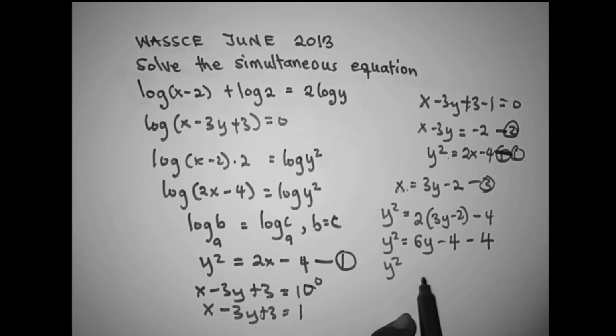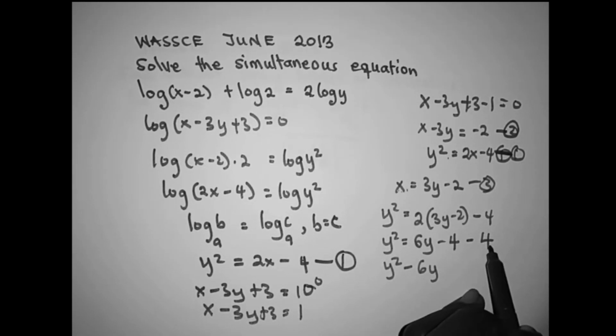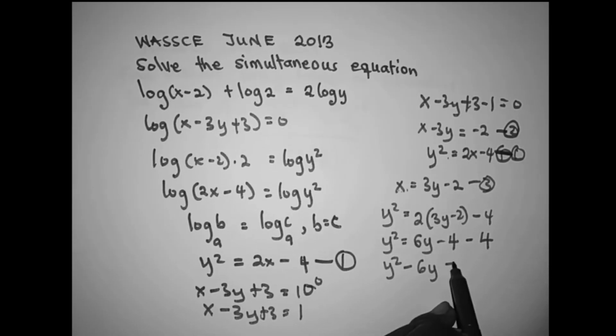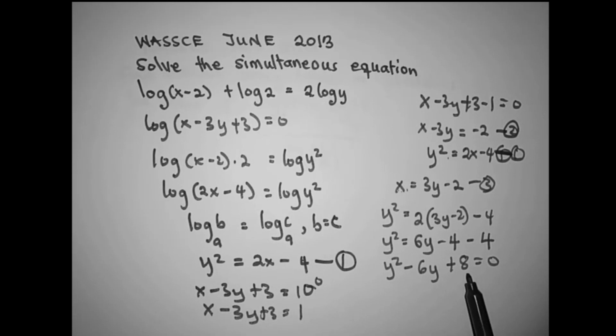Then I'm bringing everything to the other side. Minus 6y. Minus 4 becomes minus 8. If we take it across the equal sign, it becomes plus 8 equals 0. So we must look for two numbers that when you multiply, you get positive 8, but when you add, you get minus 6.